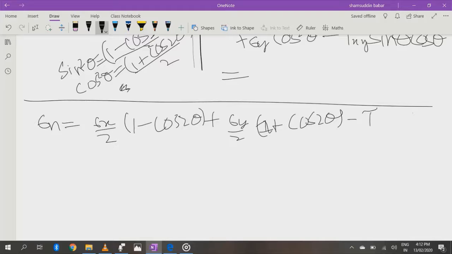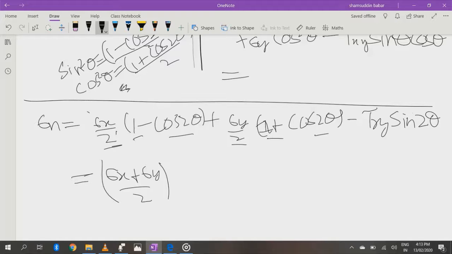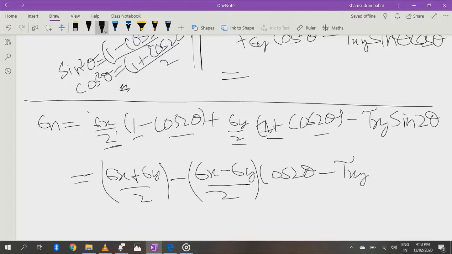So tau xy sine 2 theta. Solving this more, this will be multiplied with this and this with this, so I get my final answer: stress N is equal to (stress x plus stress y) divided by 2, minus (stress x minus stress y) divided by 2 times cos 2 theta, minus tau xy sine 2 theta.